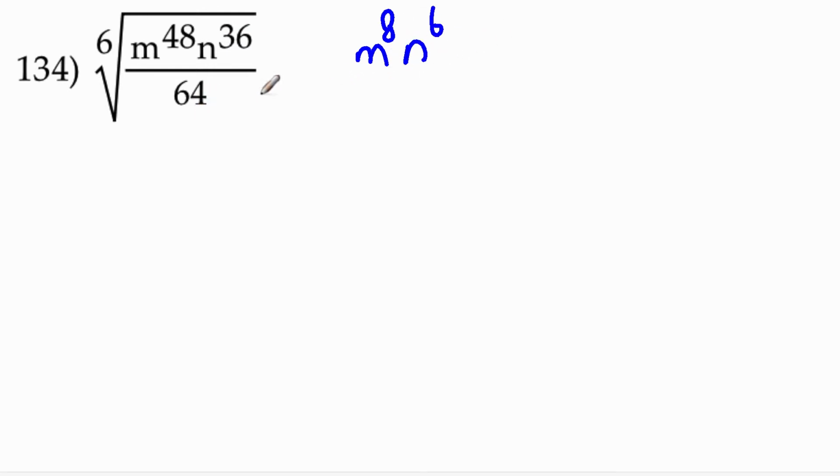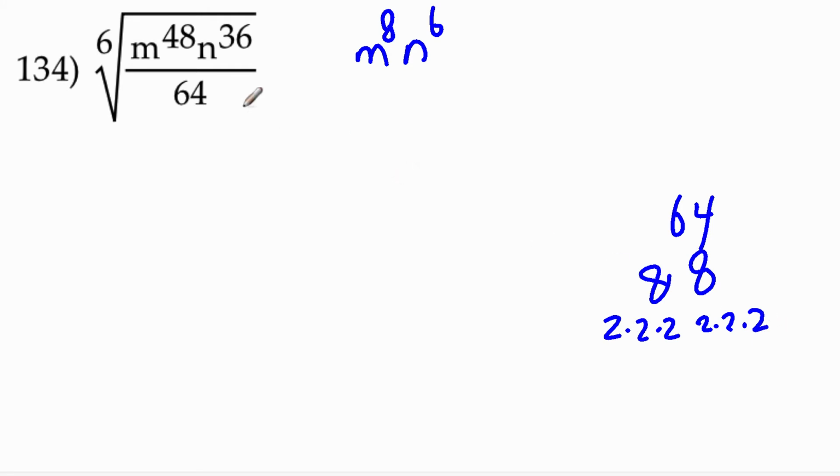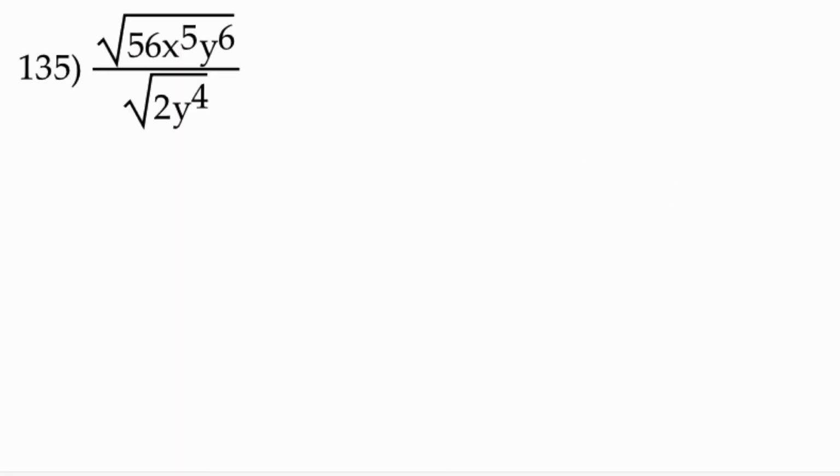Now 64. 64 is 8 times 8, and then 8 is 2 times 2 times 2, and so is that one. So 64 is actually 2 to the 6th. So again, there's 6 groups of 2 in there. I can bring 1 out.